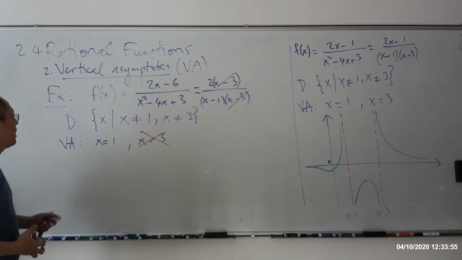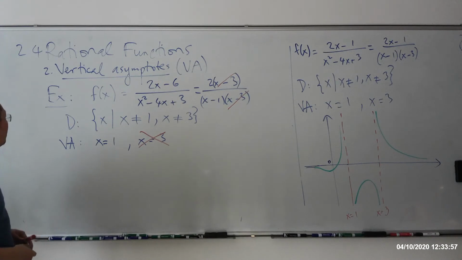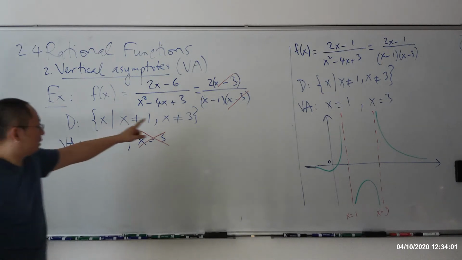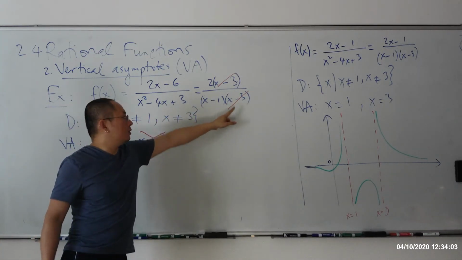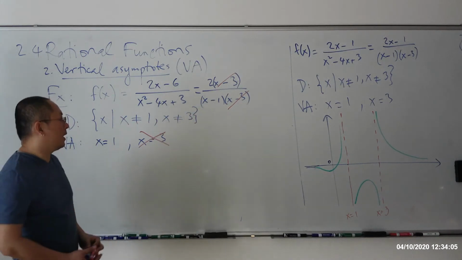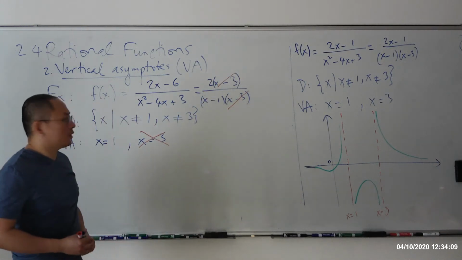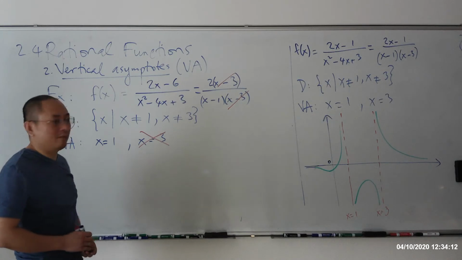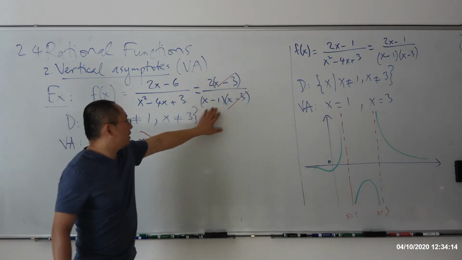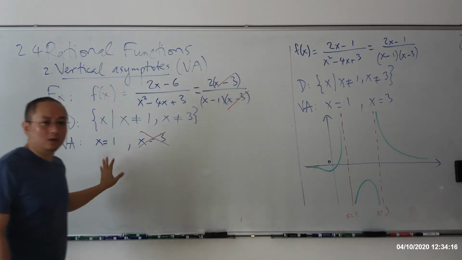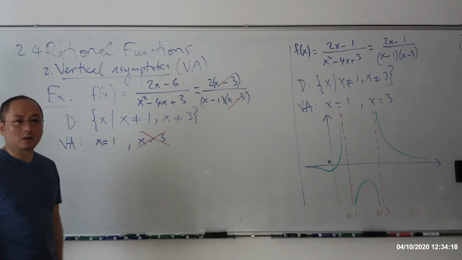All right, so in general, if you want to find the vertical asymptote, you are going to follow a couple of steps. First of all, try to factor out the denominator into all linear factors. And make sure that you cancel out all the common factors between the numerator and denominator. Whatever linear factor is left over in the denominator, the zero of those is going to give you the vertical asymptote.